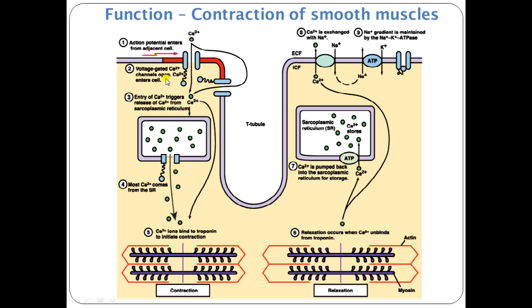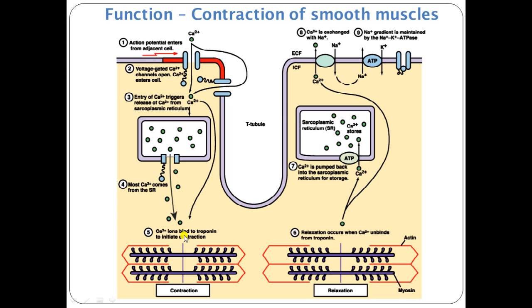Voltage gated calcium channels open and calcium ion enters inside the cells. Entry of calcium will trigger the release of calcium from the sarcoplasmic reticulum. So this calcium acts on the sarcoplasmic reticulum, and the release of calcium from the sarcoplasmic reticulum is stimulated, and most of the calcium comes from the sarcoplasmic reticulum.